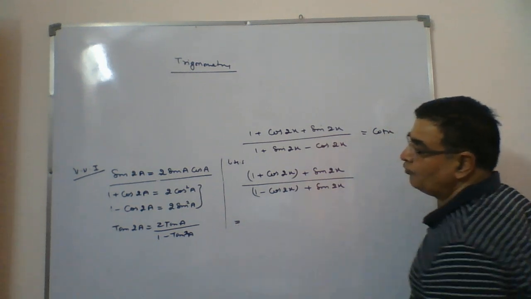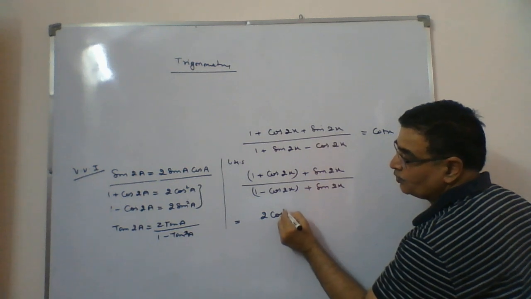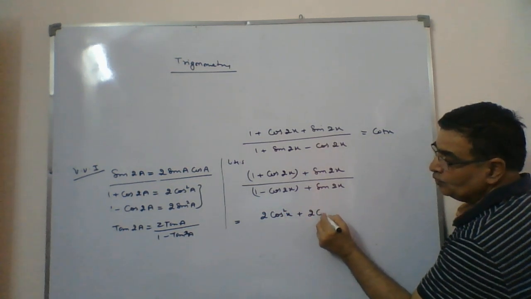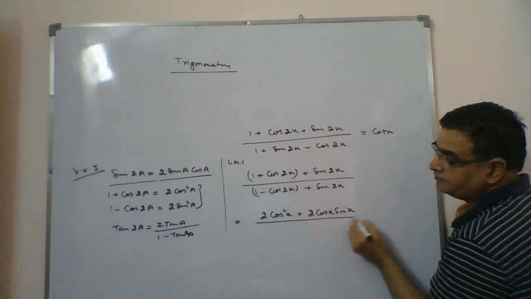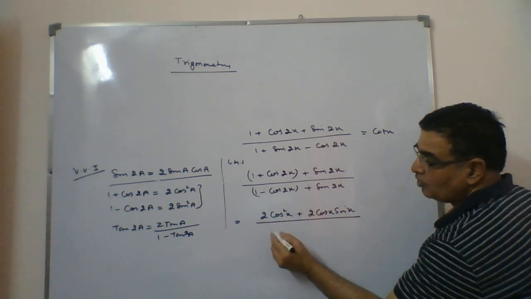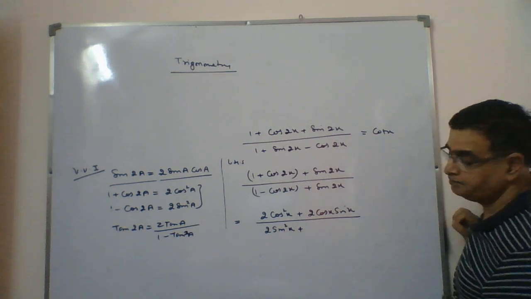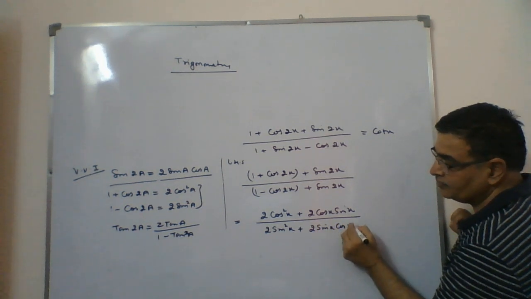Now when you go for 1 plus cos 2x, the formula says it will be 2 cos square x. This comes out to be 2 cos x sine x. 1 minus cos 2x will become 2 sine square x plus, then this will be 2 sine x cos x.